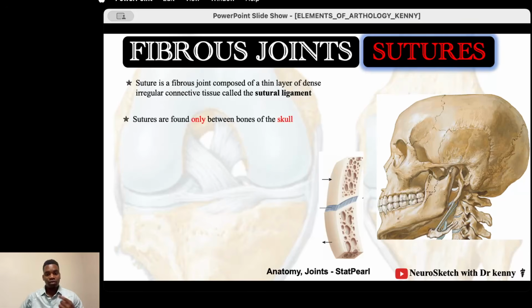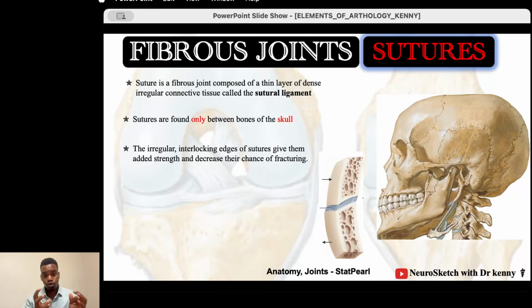You should always remember that two bones should never come into contact. There should always be something intervening, and in a fibrous joint, the material that intervenes between the bones is fibrous ligament or fibrous connective tissue. For example, this is the sutural ligament. As you can notice, most of the bones of the skull have irregular interlocking edges, and this adds to the strength and stability of the suture.